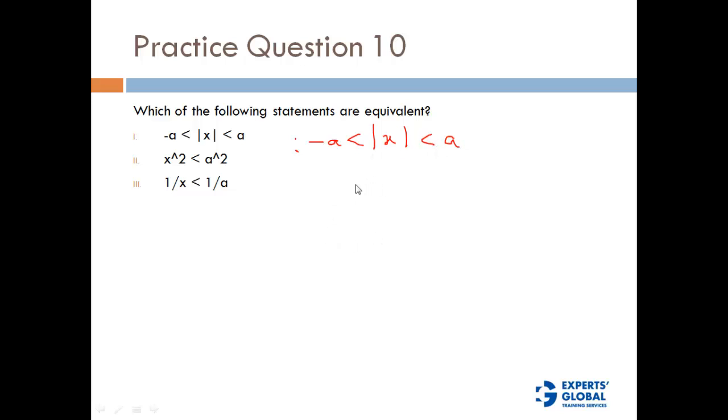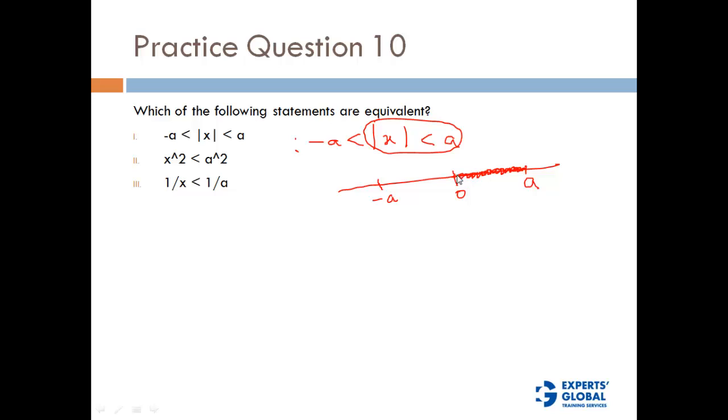So let's say this is the number line, this is 0, this is going to be a, this is going to be minus a. And what this inequality is telling is that modulus of x is always less than a. Just look at only this part. Modulus of x is always less than a. So that means we are talking about the value of x, modulus of which will fall only in this area.